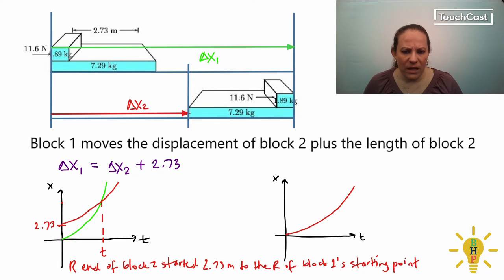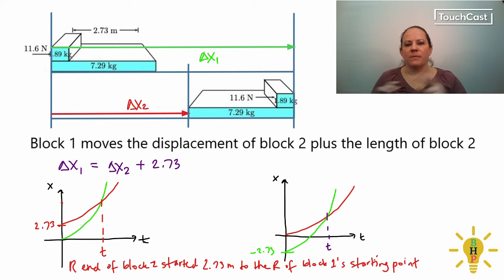So we'll give it an intercept of negative 2.73 meters. And then somewhere out here, didn't get it drawn quite as open as I wanted, but that's okay. So somewhere out here will be a time that those blocks end up at the right end of the larger block at the same time.